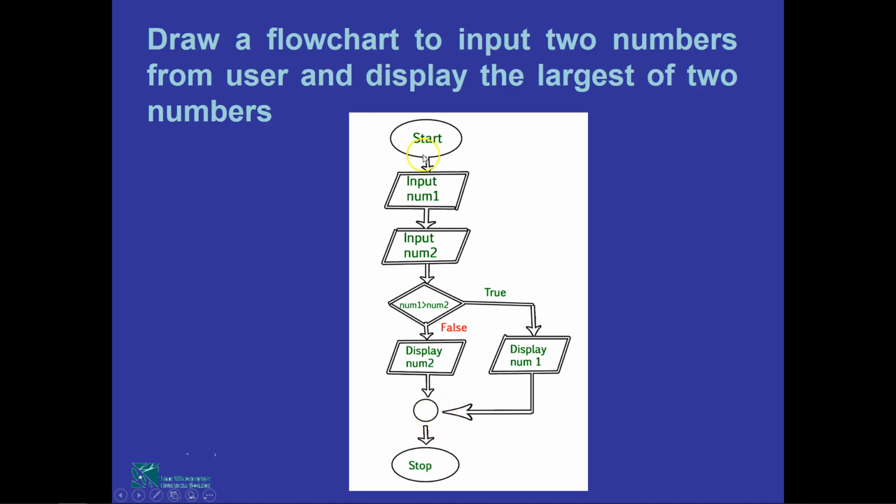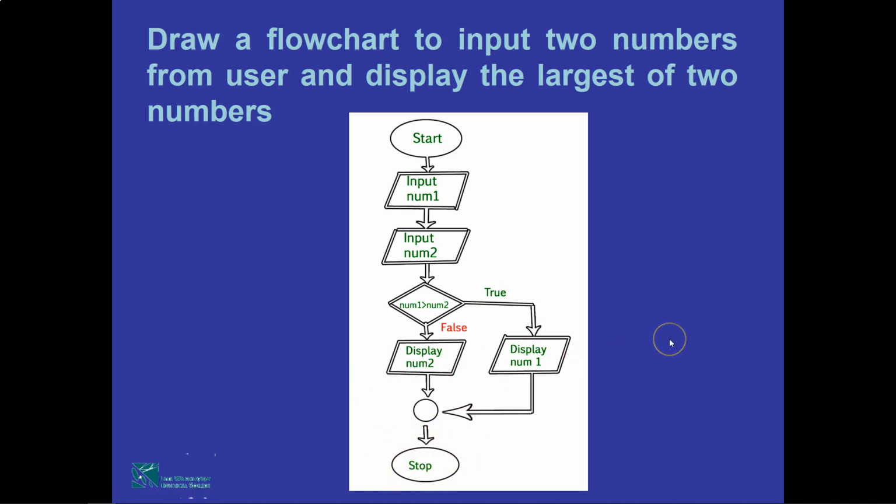So you understand that 2 numbers are entered, and then the comparison is made, and then statements are put up like whether it is true or false, or instead of true or false you can put yes or no. So if it is yes, then display number 1, otherwise this, and then stop the program.